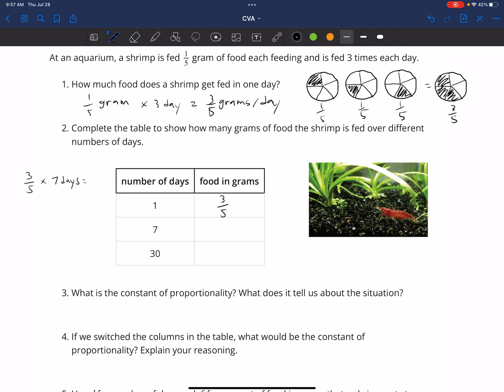If you don't know how to do this, or forgot how, all you have to do is make the 7 into a fraction. 3 times 7 is 21, and 5 times 1 is 5.